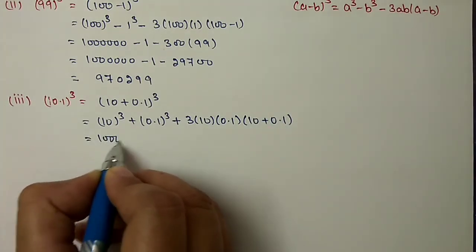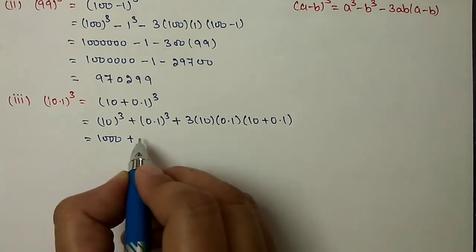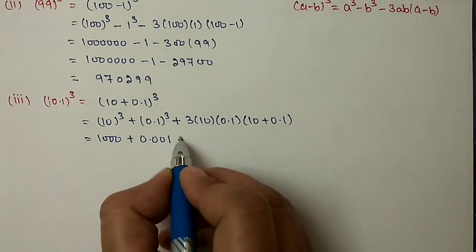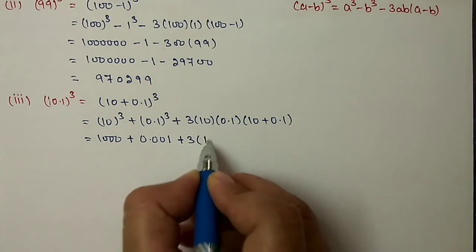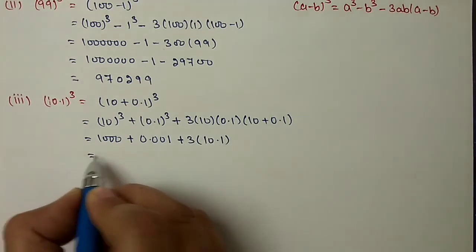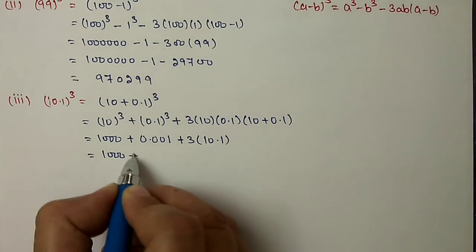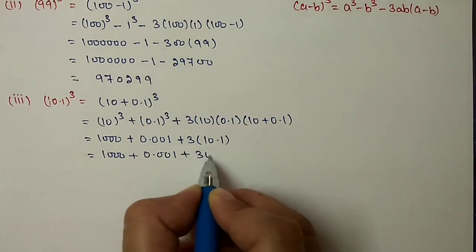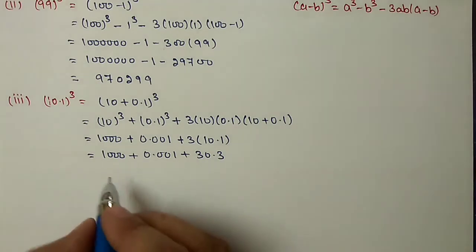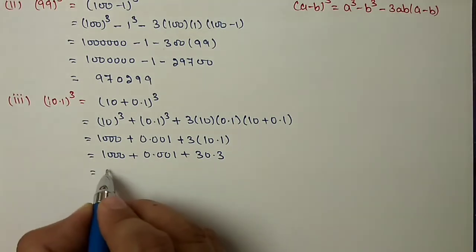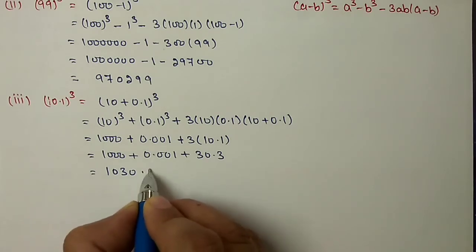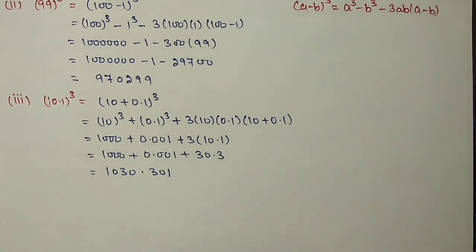This will be 1000 plus 0.001 plus 3 into 10.1. So 1000 plus 0.001 and it will become 30.3. Now we can simplify it. After addition we will get 1030.301.